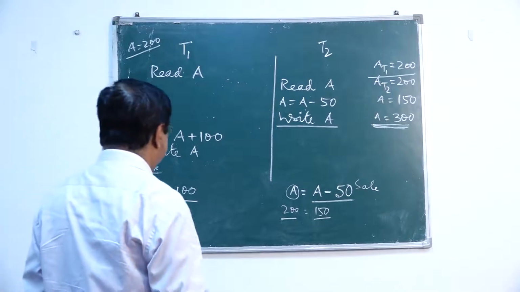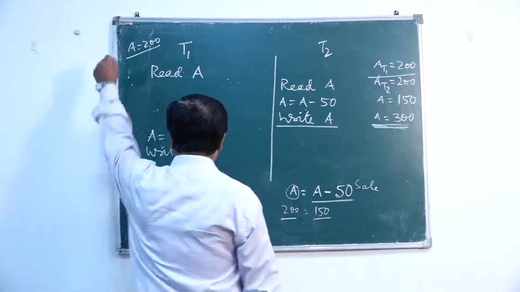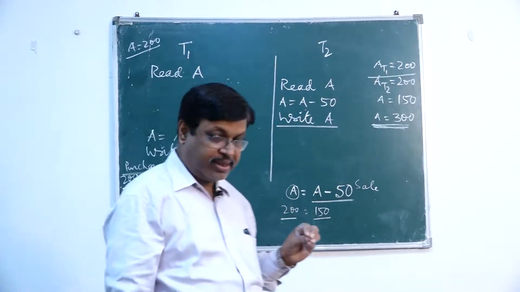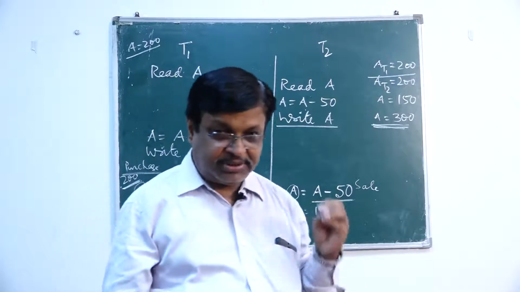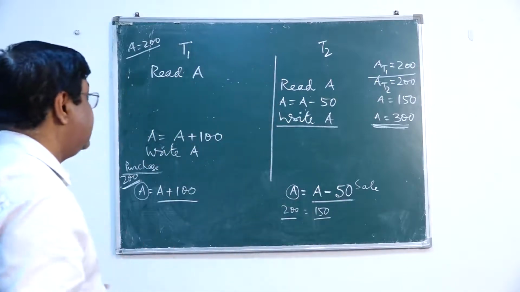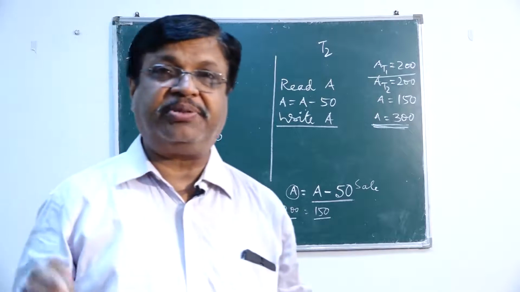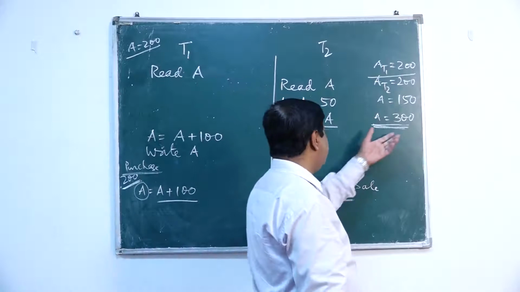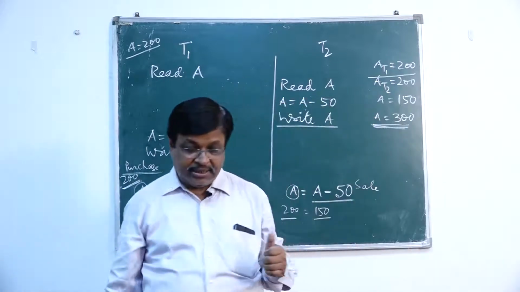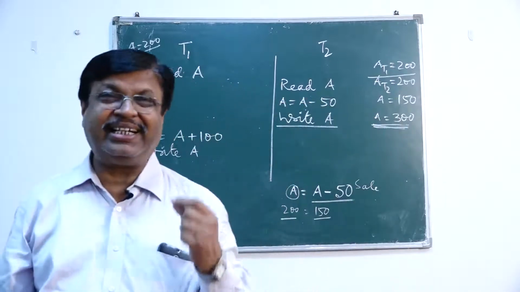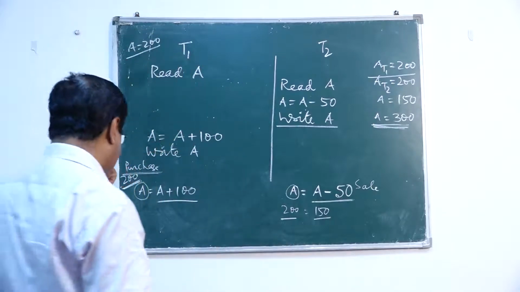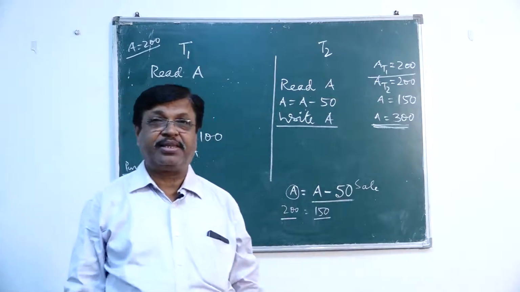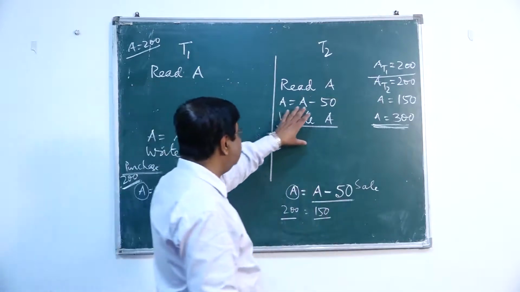Now see here, what should be the exact stock position? 150 plus 100, 250. If both the transactions take place, the correct value of A should be 250, but your computer would be showing 300. 300 is an incorrect value, and it shows as if this transaction didn't take place.